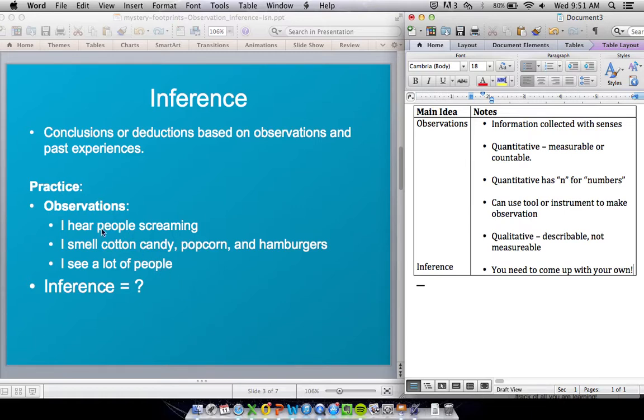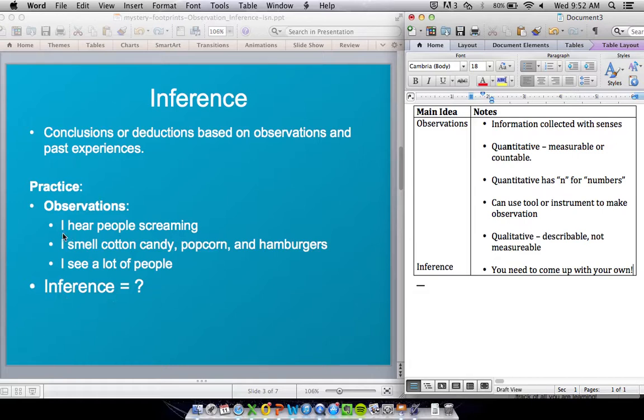If you're at a carnival, you'll hear people screaming, you'll smell cotton candy, popcorn, and hamburgers, and you'll see a lot of people. Some of you also may have said that you're at the circus. Again, a totally reasonable inference. The more observations we get, the better our inferences can be.